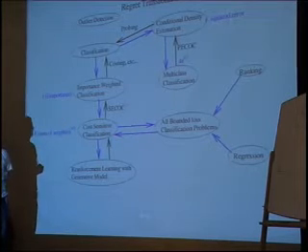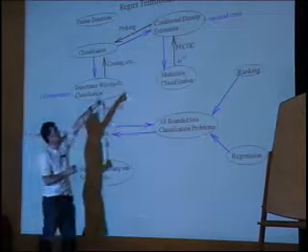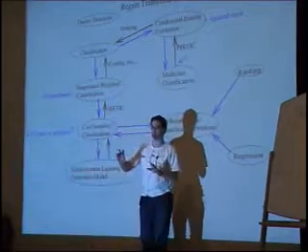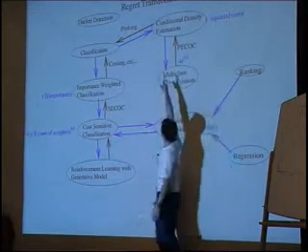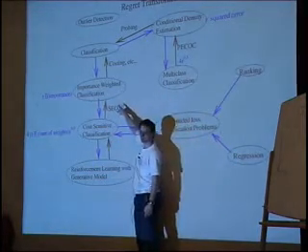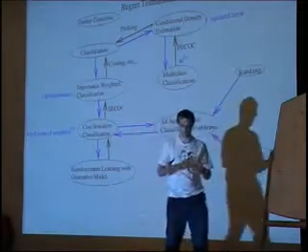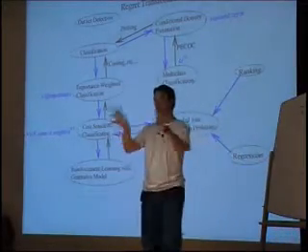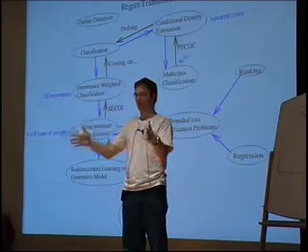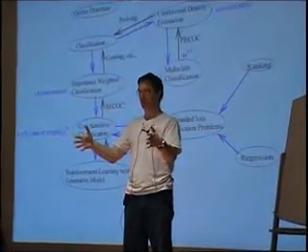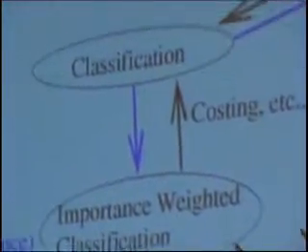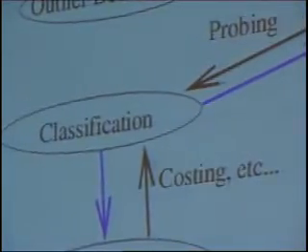And I guess when I drew this picture, I was thinking about this probing one is going directly to classification, but it's really composing. Maybe the arrow should actually be going to importance weighted classification, right? So if you compose two reductions, you get one reduction, right? The analysis has to work out that way. So if you compose costing and probing, you get something that reduces directly to classification. But maybe you don't want to do that, in which case the arrow should actually be going to here.